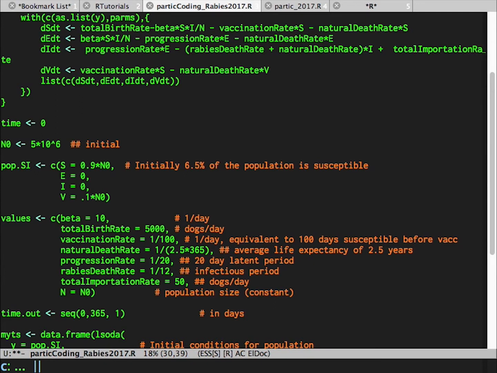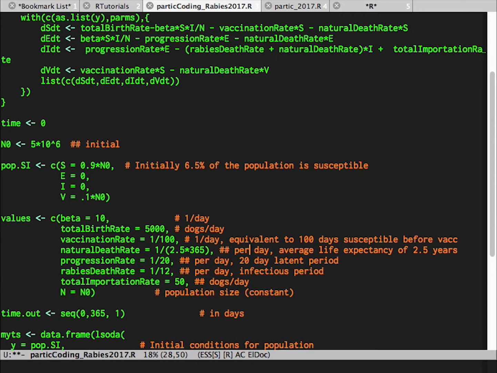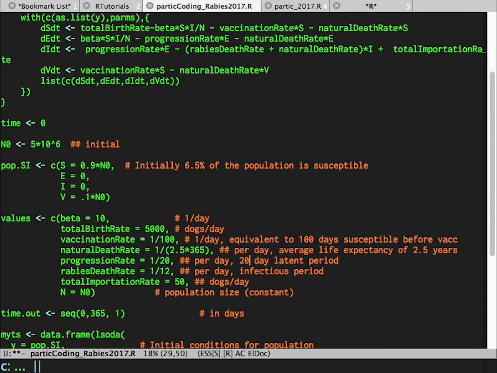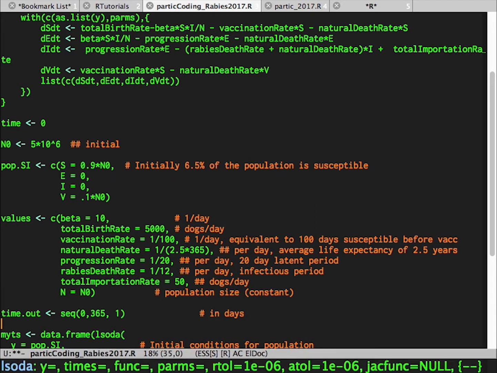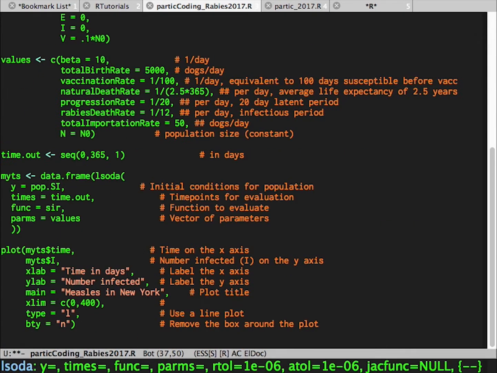I'm going to be really good and say per day here, per day, or this is per dog per day, right? Wait, natural death rate? Yeah, per day. Okay, so per day, good. All right.